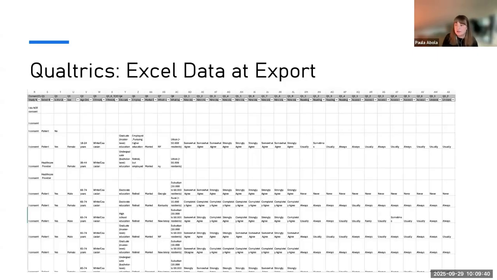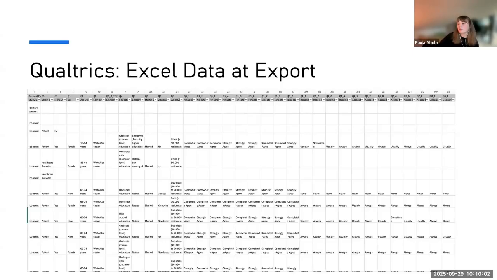For example, under sex, everyone who's female will be assigned 0 and male will be 1. And for age group, 18 to 24 years will be 0, 25 to 34 years will be 1, and 35 to 44 will be 2, and so on.